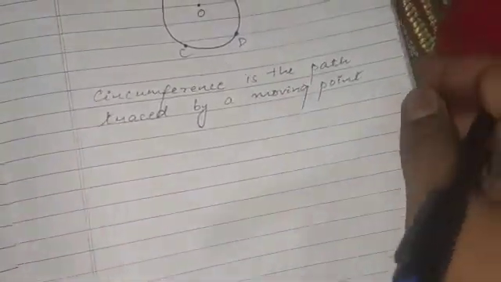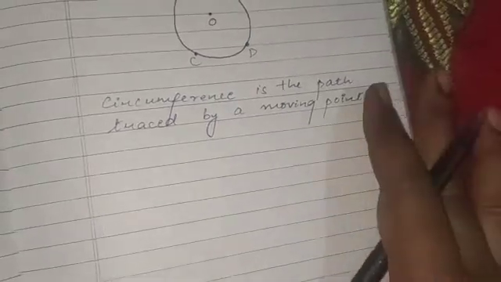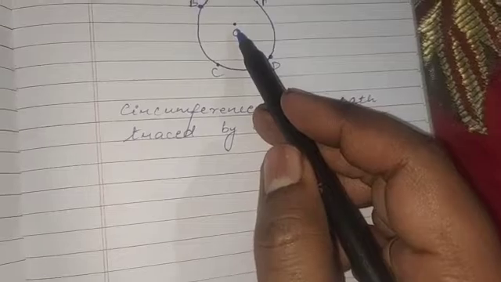Okay, this is called the circumference. Now what is this center? Center is the fixed point, which I have already told you.